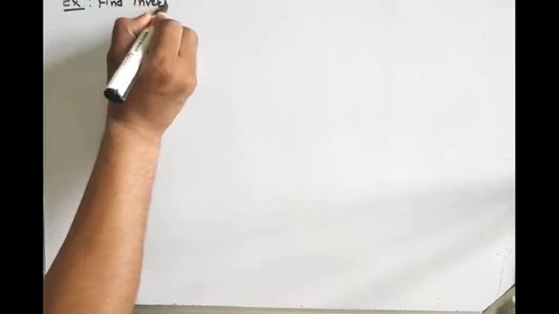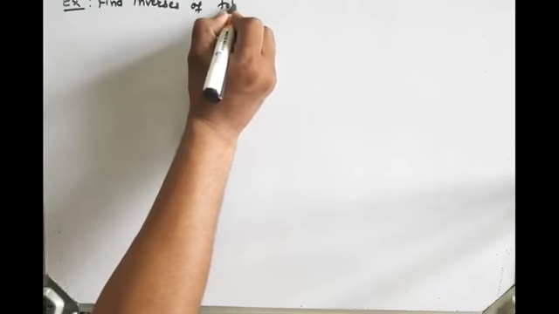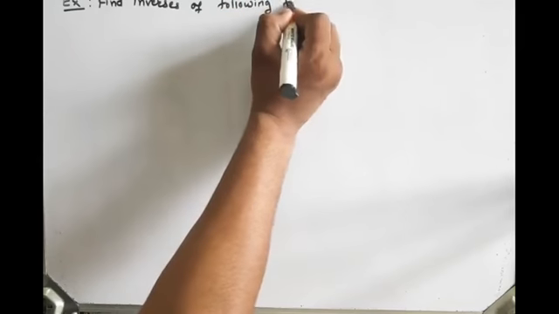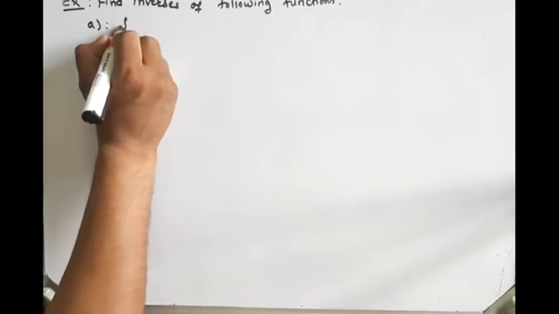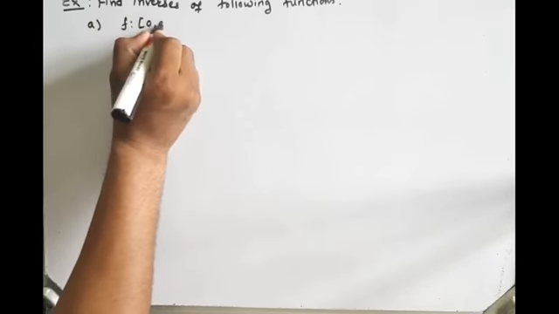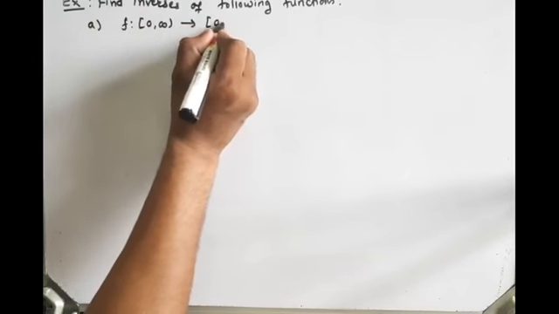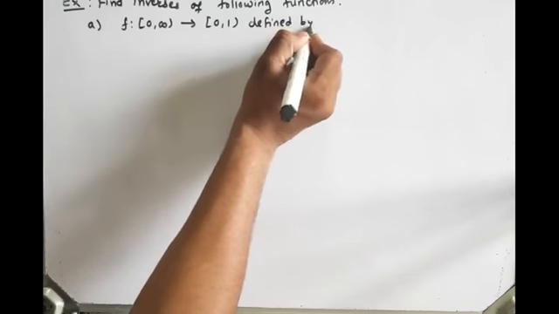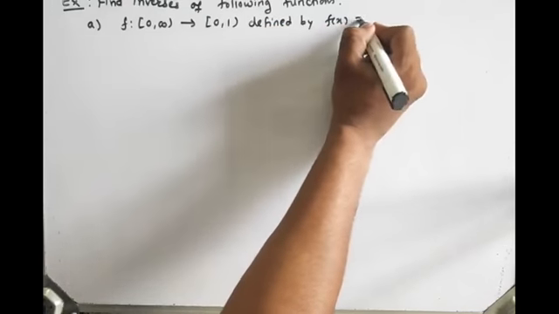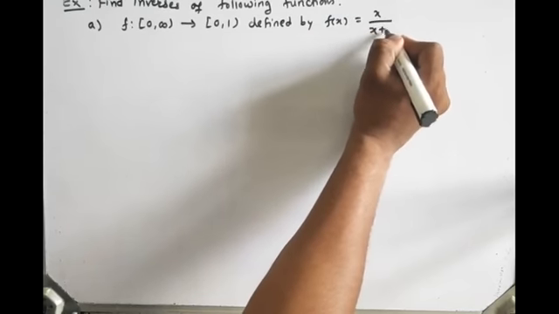Let's see another example from the exercise. Find inverses of the following bijective functions. Find inverses of the following functions. So the first function is f from closed interval 0 to infinity to closed 0 1, defined by f of x is equal to x upon x plus 1.